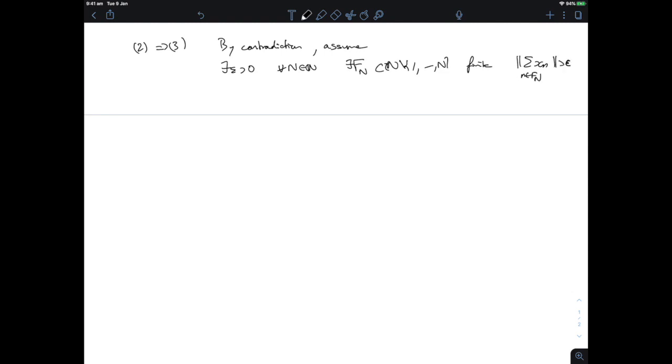Negating 3. Okay, and now from there we want to construct a subsequence x_{n_k} such that the sum of the x_{n_k} is not Cauchy.